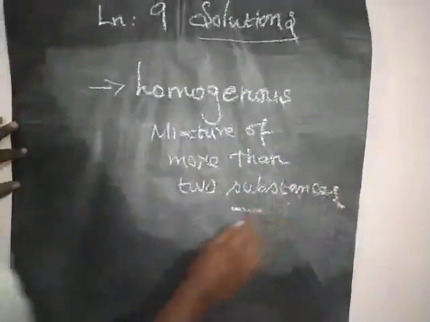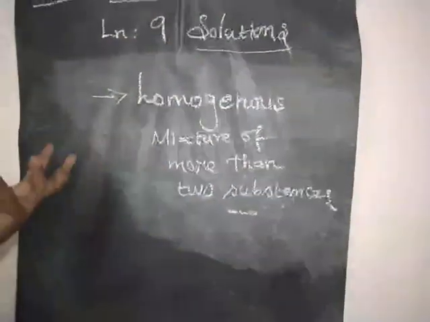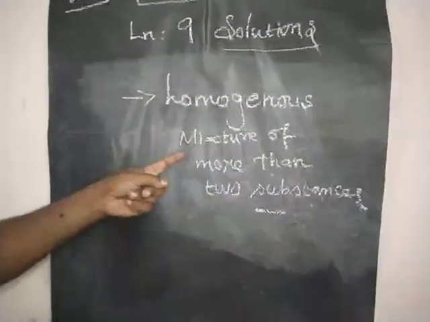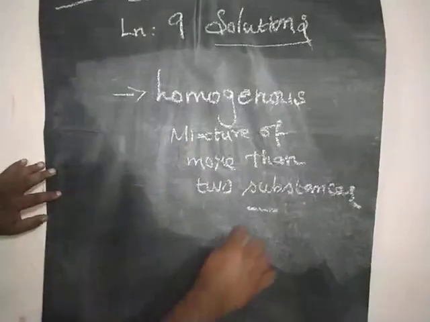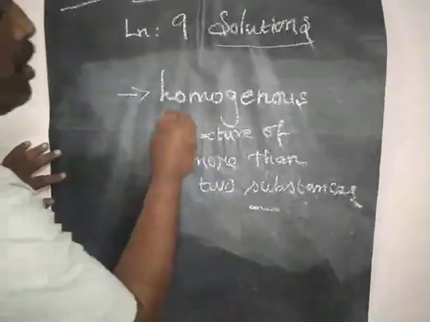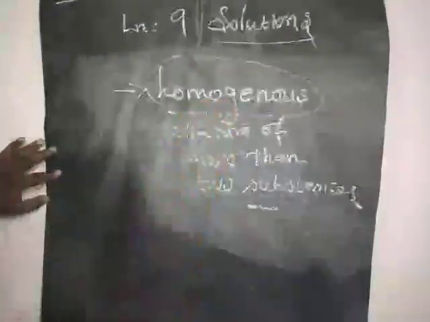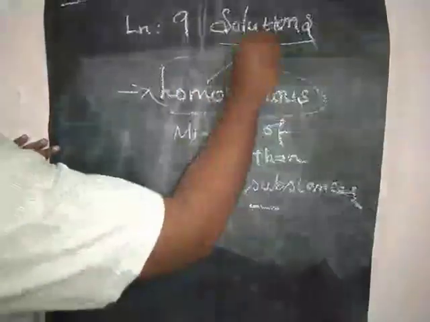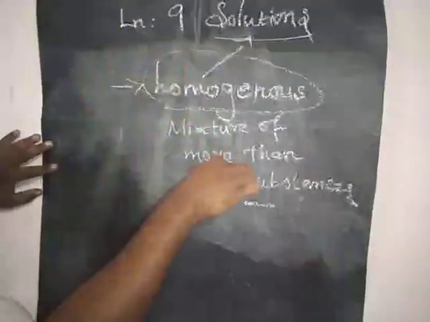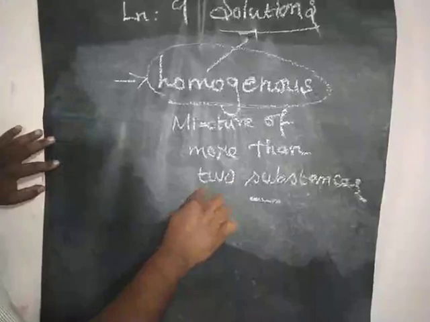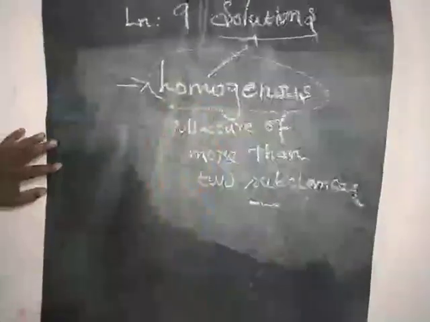This is the definition of solutions. So we cannot call a heterogeneous mixture a solution; a homogeneous mixture of more than two substances is an example of solutions.